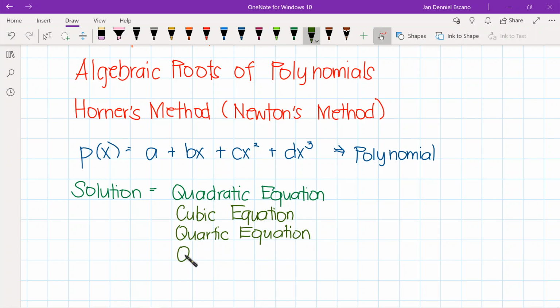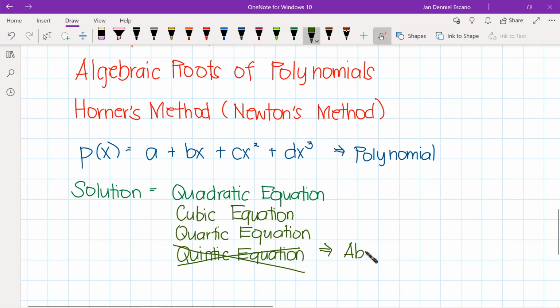And quintic is not solvable anymore by algebraic solution. This was proved by the Abel-Ruffini theorem, that there's no algebraic solution for a quintic equation. So the Abel-Ruffini theorem proved that.